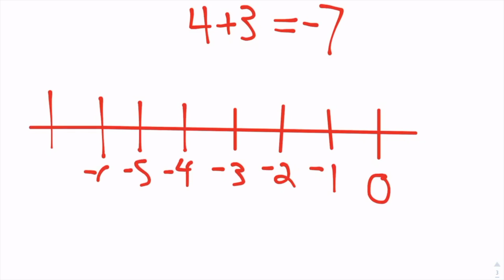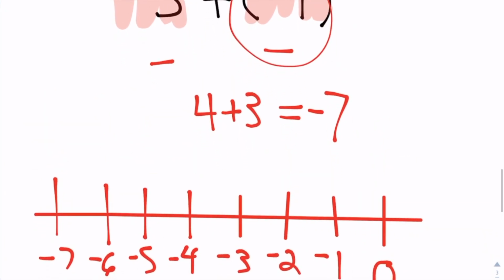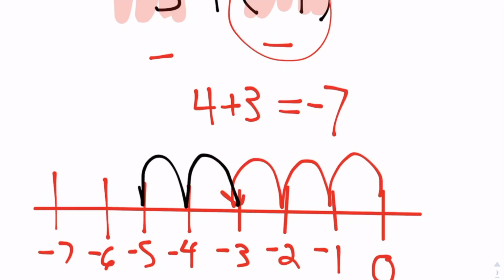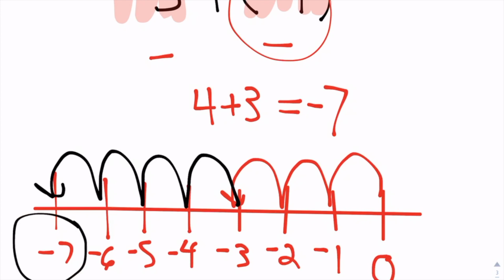I'm just putting some numbers out there. Okay, so I'm going to start with negative 3, so I'm going to go back 3 spaces. 1, 2, 3. Puts me right there. Then it tells me to continue going to the negative 4 more places. 1, 2, 3, 4. And you can see that we get negative 7.